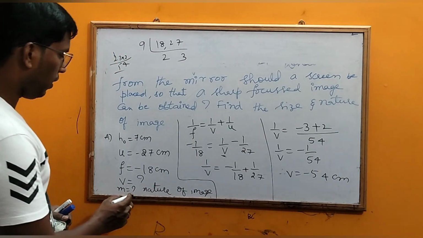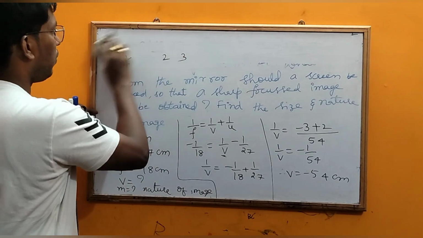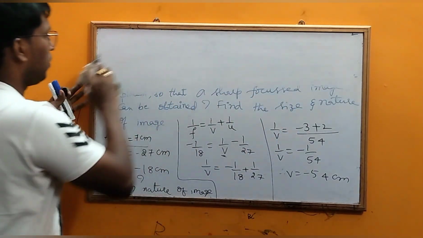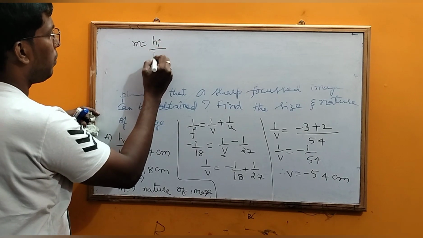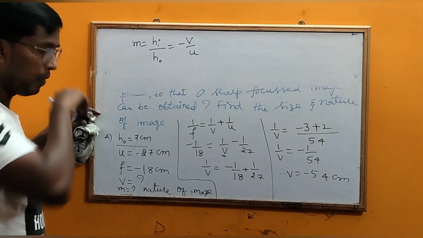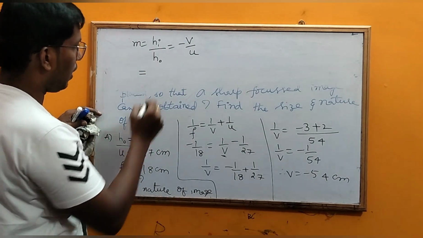Now what we need to find? We have to find the magnification. As the height of the object is given, substitute in the formula. m is equal to Hi divided by Ho, which is equal to minus v by u. So what is the Hi value?